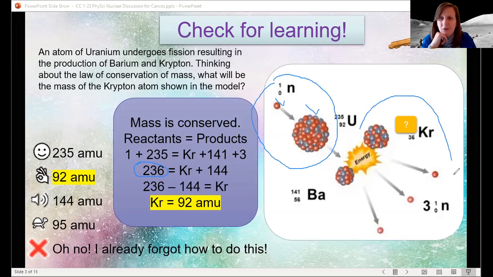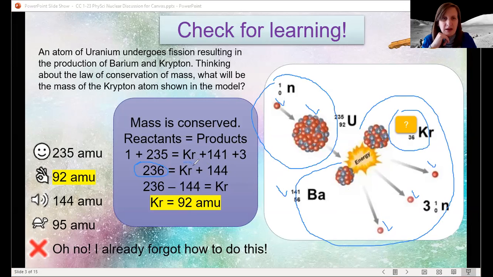I've got 3 neutrons, 1, 2, 3, 141 for the mass of barium, and krypton is our unknown, so I put in the Kr there. And a little bit of algebra, subtract 144 from both sides, and boom, you get 92 AMU.